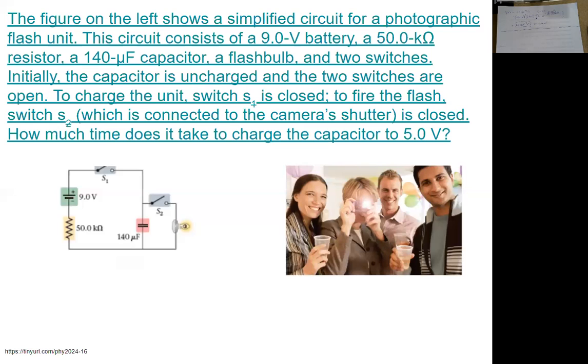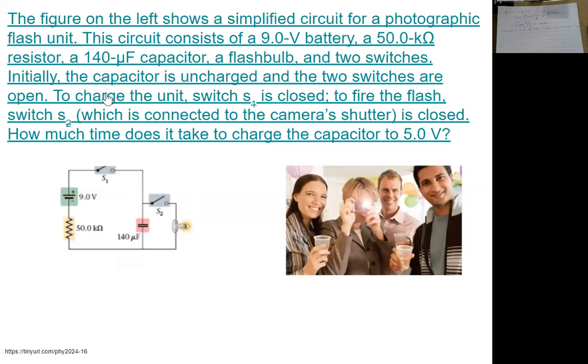On this problem here, it says the figure on the left shows a simplified circuit for a photographic flash unit. This circuit consists of a 9 volt battery, a 50.0 kilo ohm resistor, a 140 microfarad capacitor, a flash light bulb, and 2 switches.